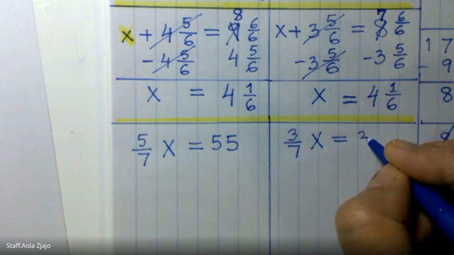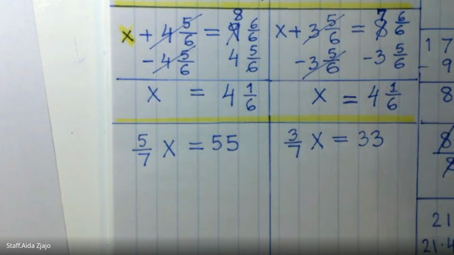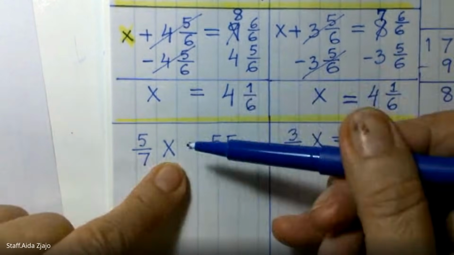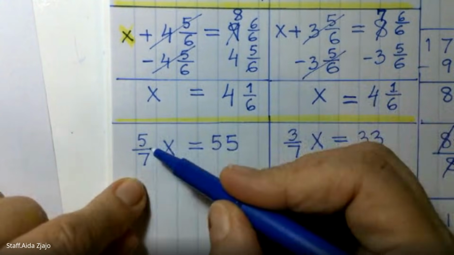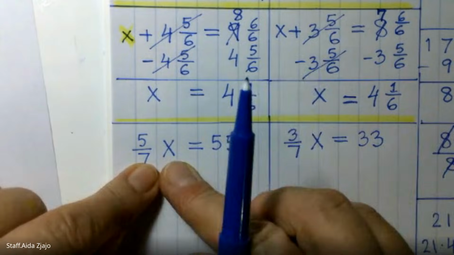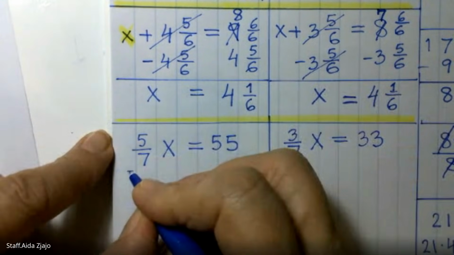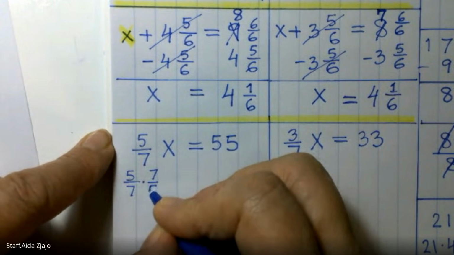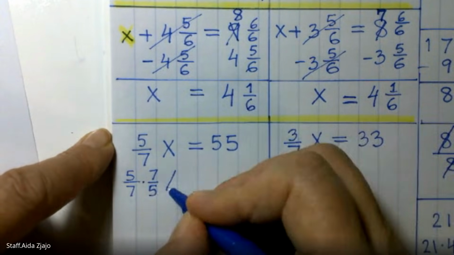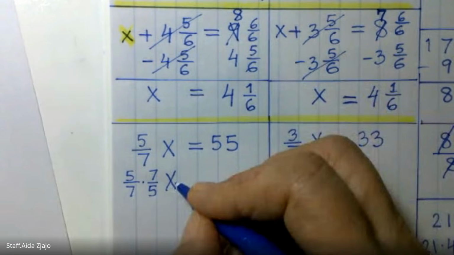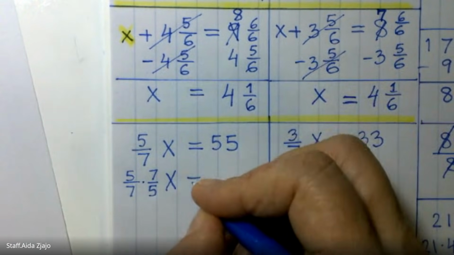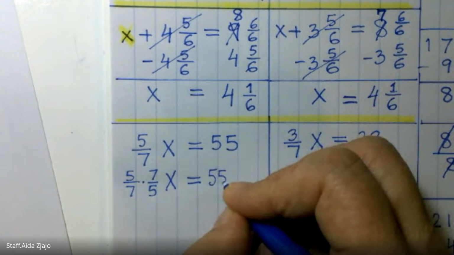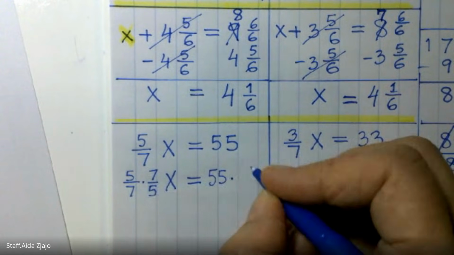Okay, so to get x by itself, I need to multiply by the reciprocal of 5/7, which is 7/5. When I do that, I will get x by itself, but then I have to do the other side. I need to also do 55 times 7/5.